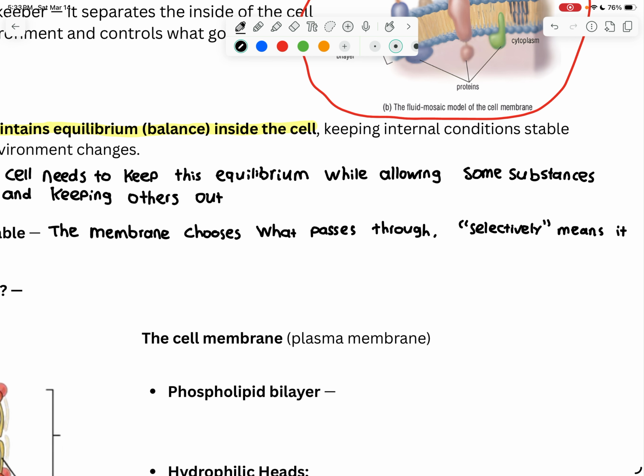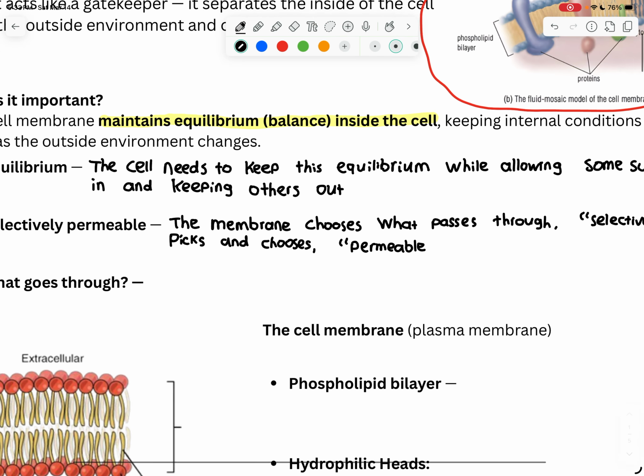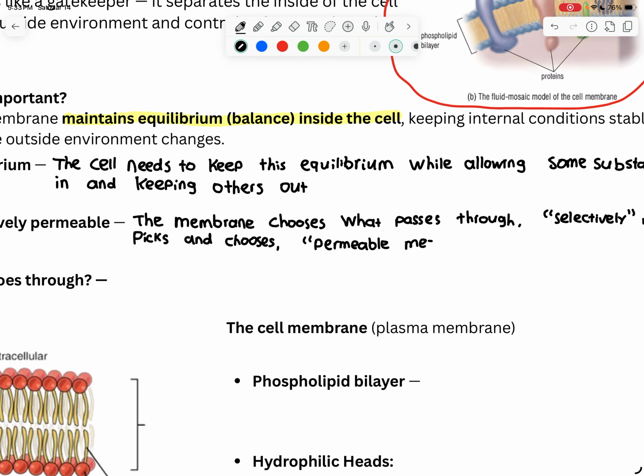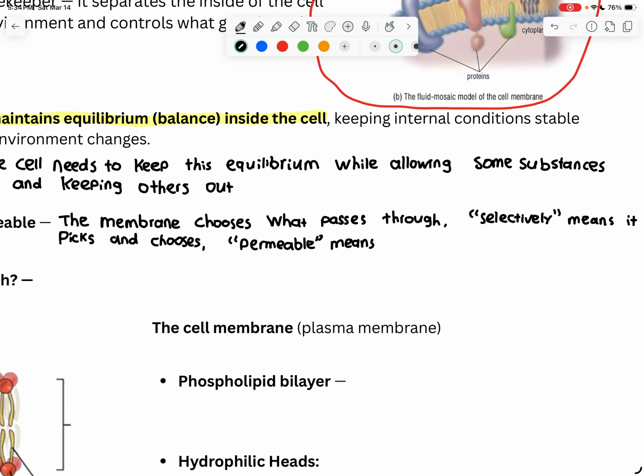It means it picks and chooses. Permeable means what can go through, capable of going through.